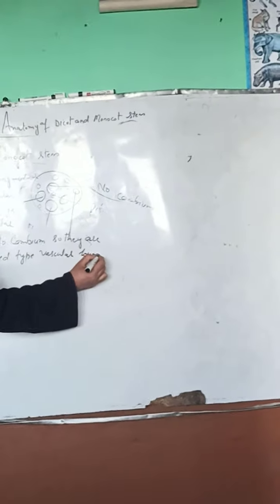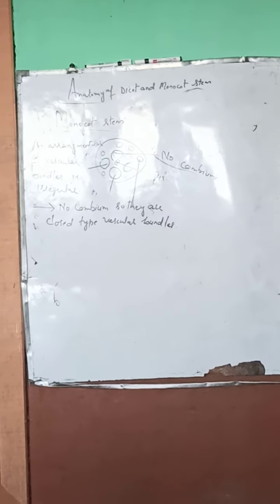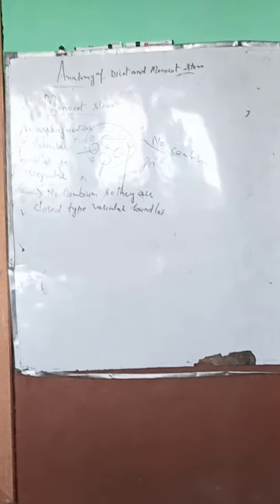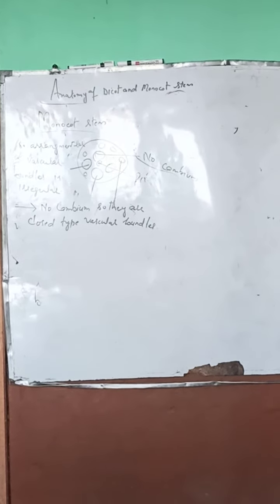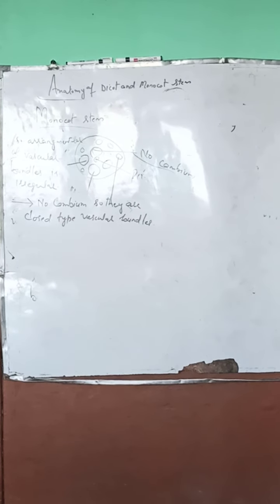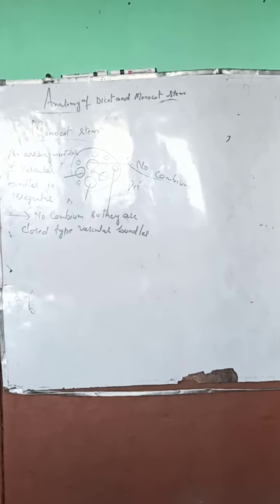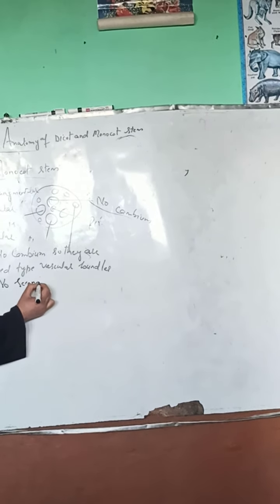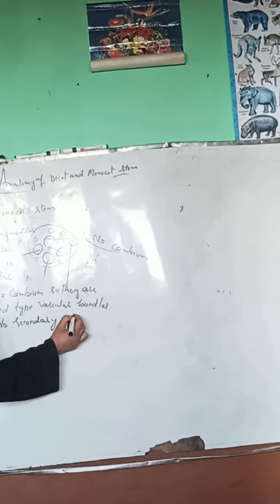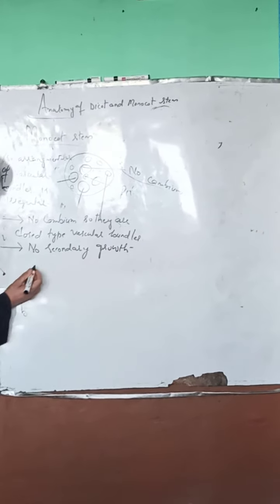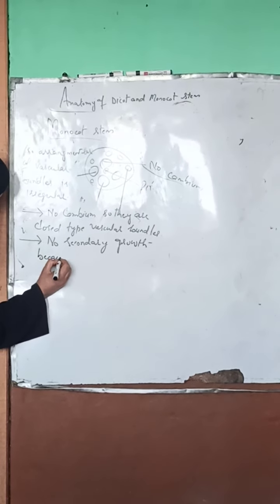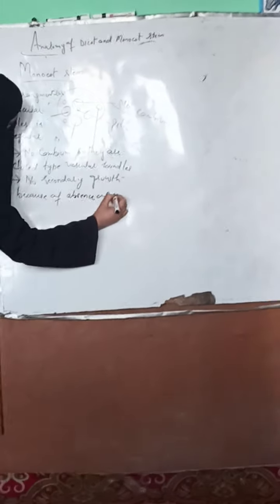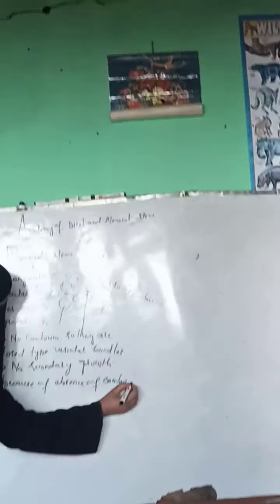When they are closed type vascular bundles, automatically we can say there is no secondary growth because of the absence of cambium. They have no secondary growth because of absence of cambium.